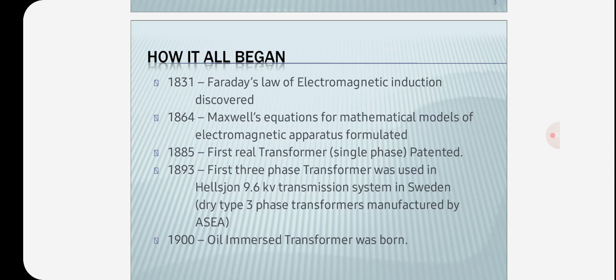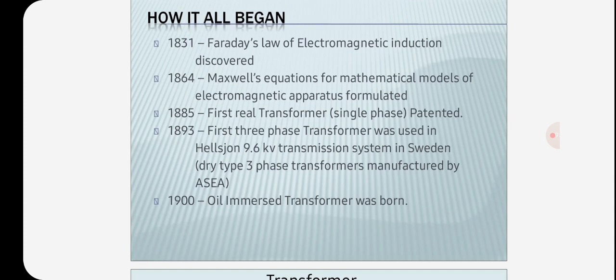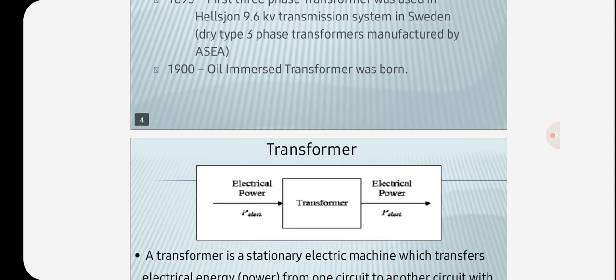This was a dry type three phase transformer manufactured by ASEA. And in 1900 oil immersed transformers were built. Mostly we use oil immersed transformers. This is the background of transformers.